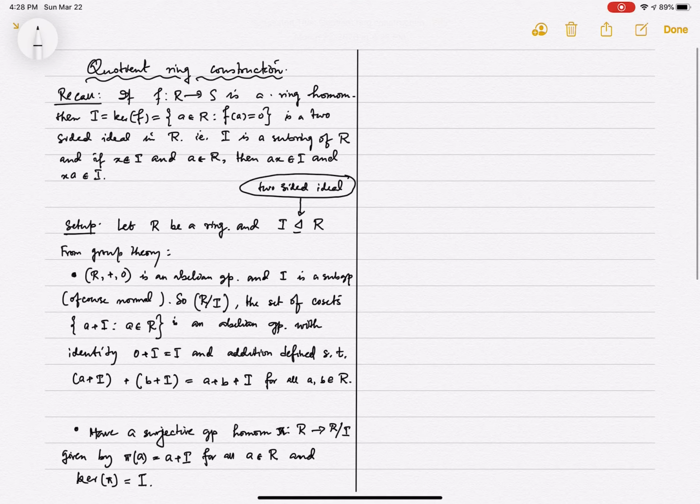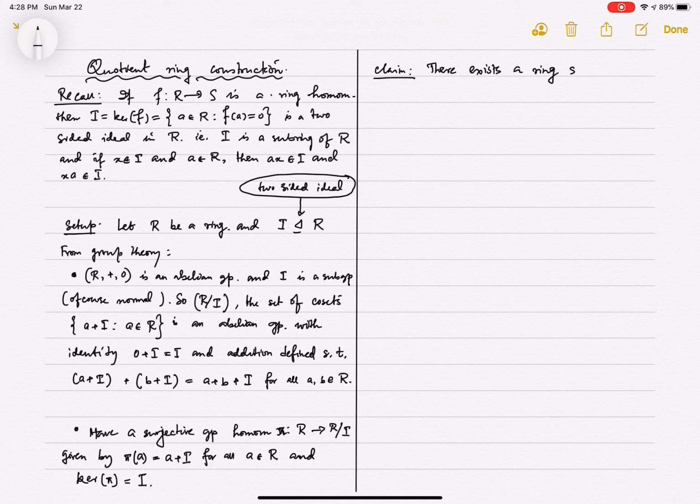Let's write down a claim. There exists actually a unique ring structure, but I don't want to check that right now.